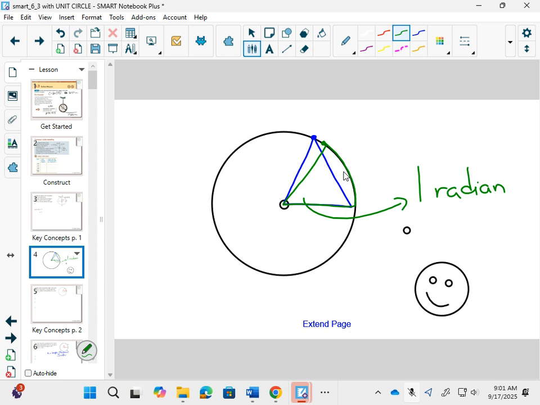One of the ways to help us understand radians is to connect it to the degrees that we already know. We already know that arbitrarily we put 360 degrees all around the circle. My question right now is, how many radians are around the circle?